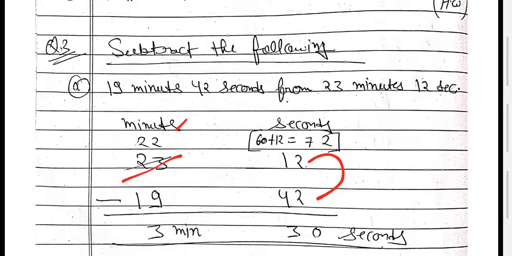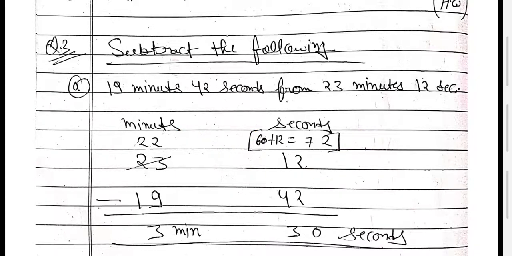Now when you move 1 minute here, in second it becomes 60. When you carry 1 minute from this side, here are left 22 minute, and when 1 minute goes this side, you write here carry 1 minute as 60 second. So this 60 comes from this side as a carry, and this 12, when you add, it becomes 72.